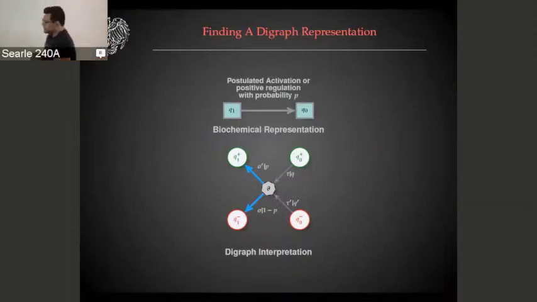To explain it, let's talk about a very simple situation where, say, a gene Q1 affects another gene Q0. Suppose it activates it. Think about that for a moment. How do you write down the probability of expression of Q0?